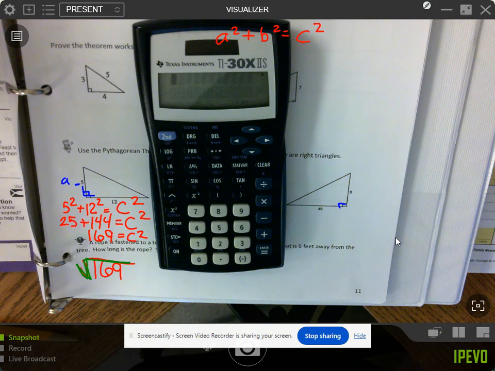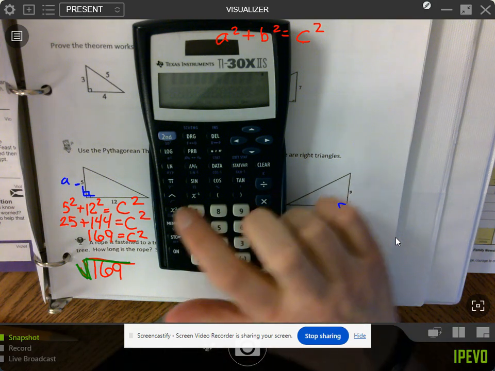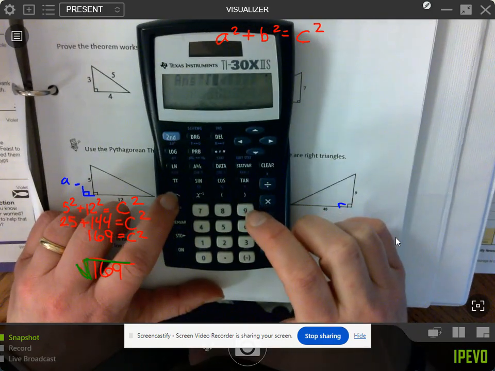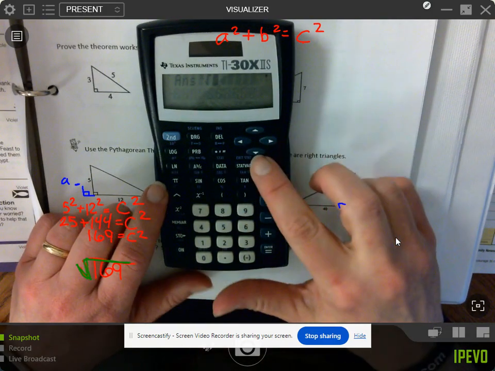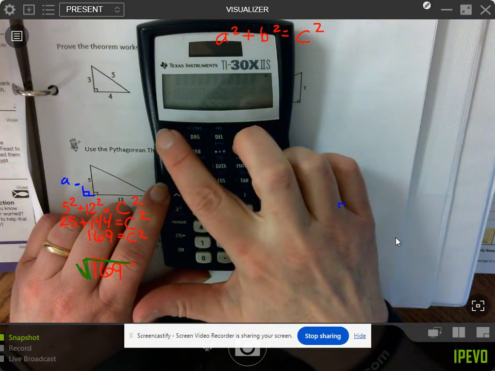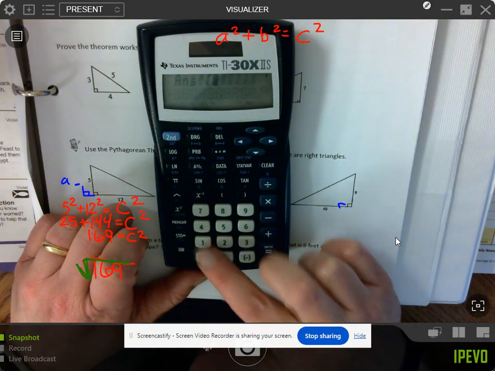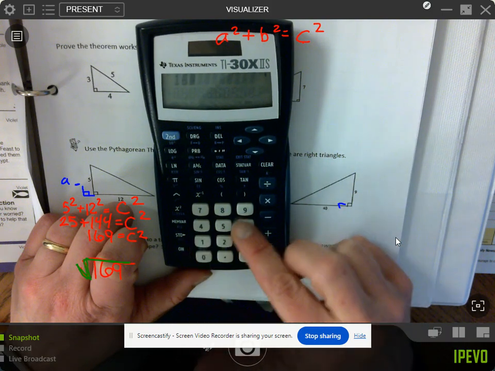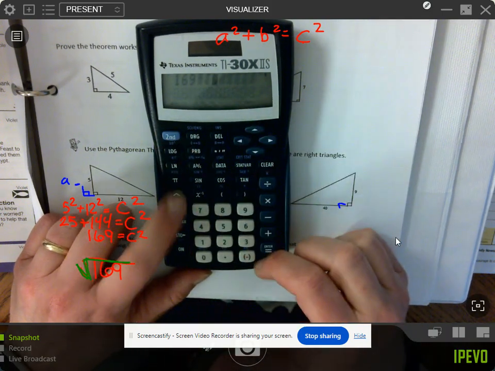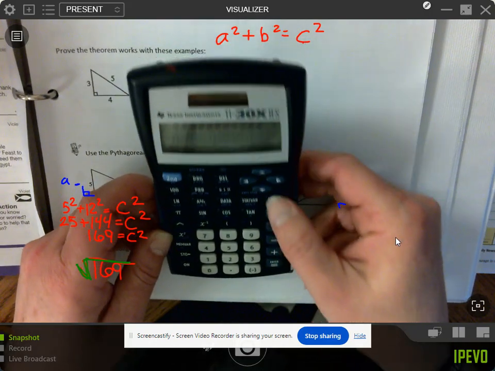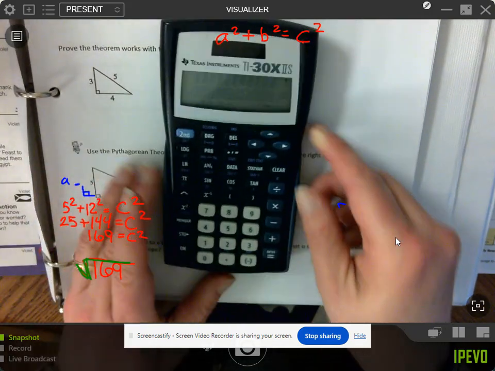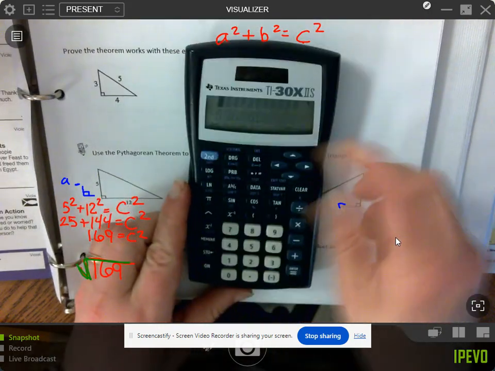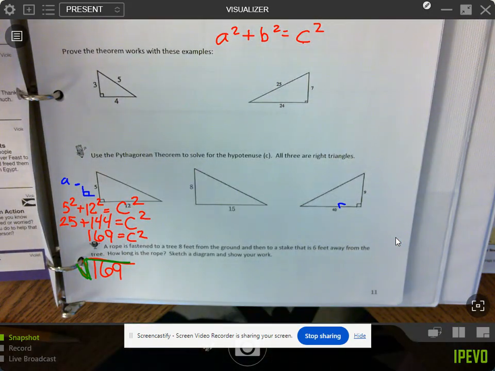The way we find the square root of 169 is I'm going to do my shift button. Oops, I have to clear out what I had. Oh, sorry, it's too dark over here for me to see.